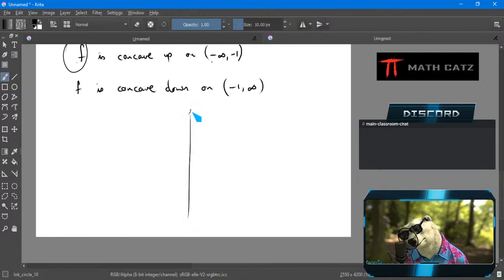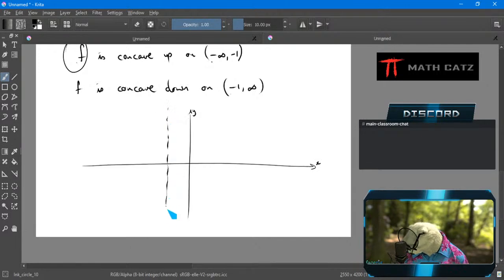Now, let's remember what came from steps 2 and 3. I really had a lot of information. We knew it was going this way, and this way, and this way, and this way, and all the increasing, decreasing information told me that.